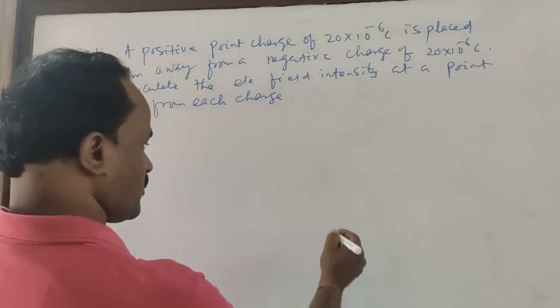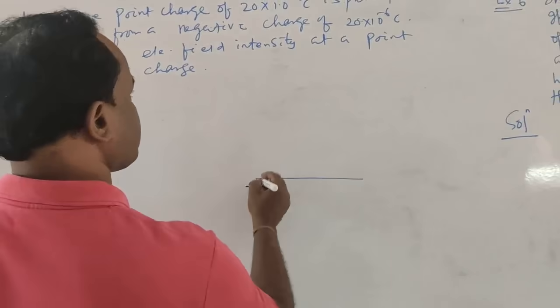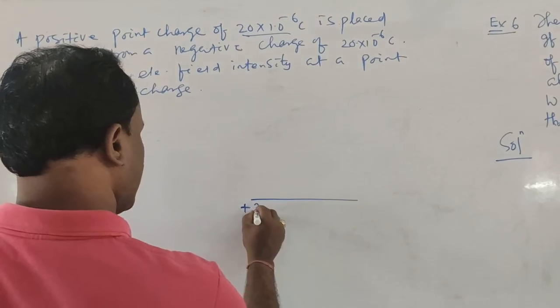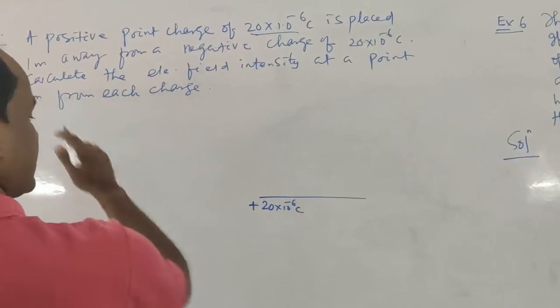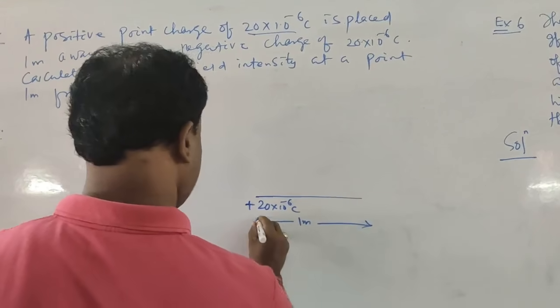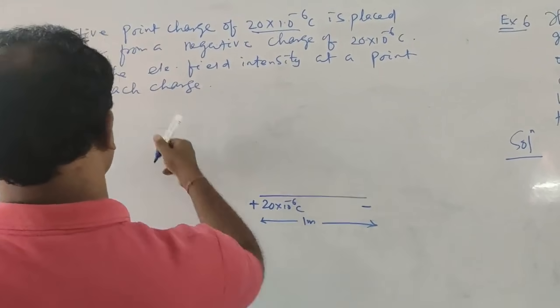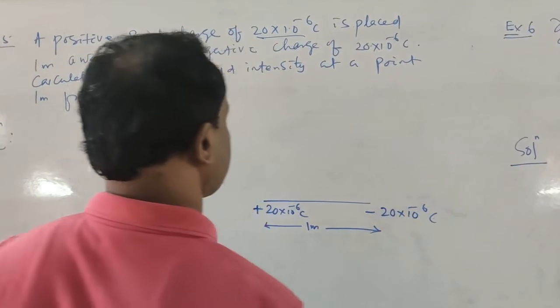See here. Suppose the positive charge, that is 20 × 10⁻⁶ coulomb, is placed 1 meter apart from the negative charge 20 × 10⁻⁶ coulomb.